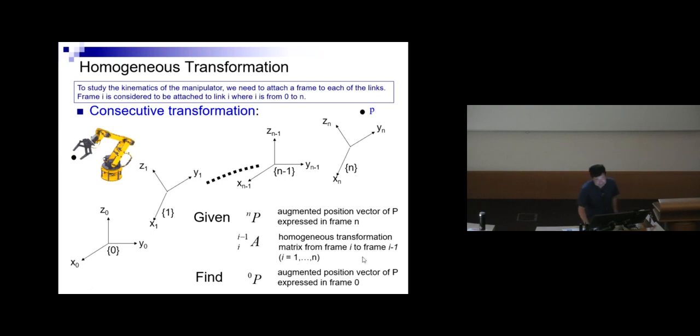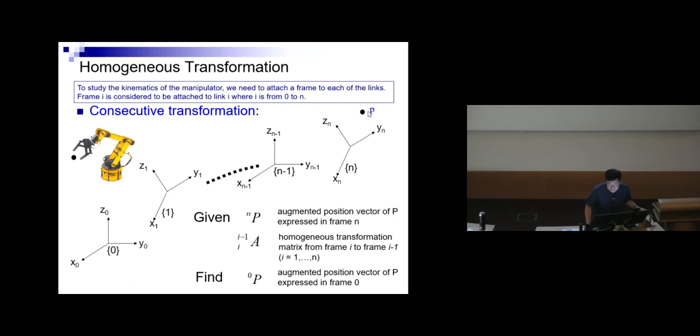If you are given an augmented position vector of P expressed in frame n, and you are given the matrices i-1 A i, meaning the matrix A of frame i with respect to frame i-1, a transformation matrix that links, for example, 1 to 0, 2 to 1, and so on. So you have nP and i-1 P, and you want to find 0P.